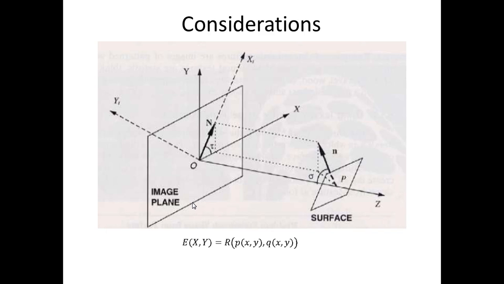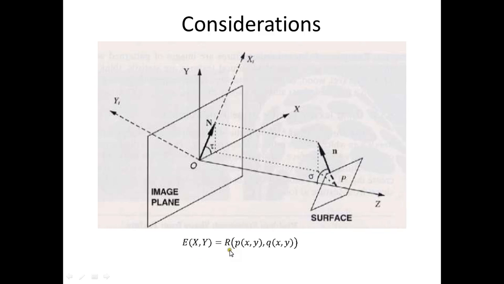Now, reconstruction of the three-dimensional shape from the two-dimensional shading image requires various information which is obtained from the image irradiance equation. The image irradiance equation is given as follows: E of capital XY equals R of PQ, where P and Q are themselves functions of X and Y. E of capital XY is the image irradiance function.